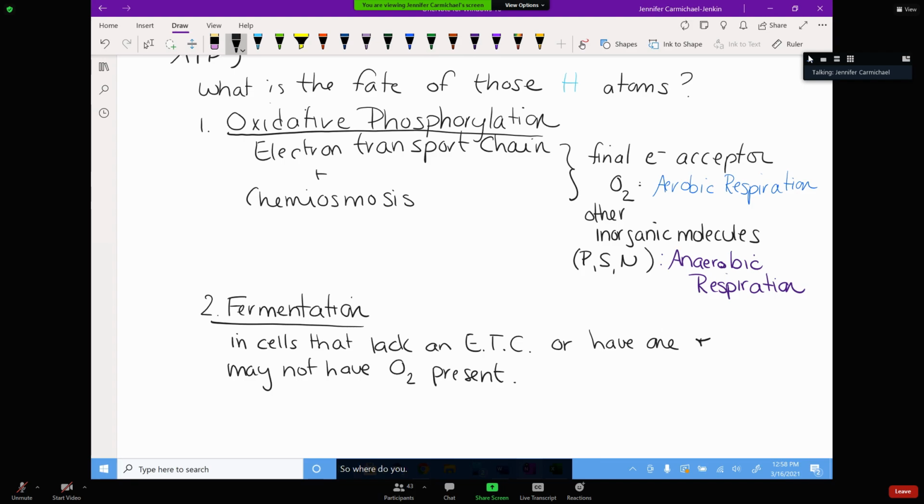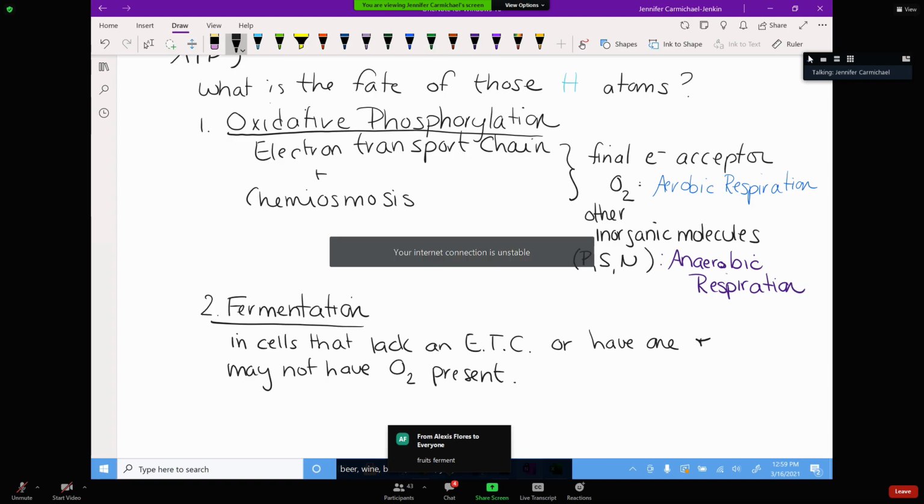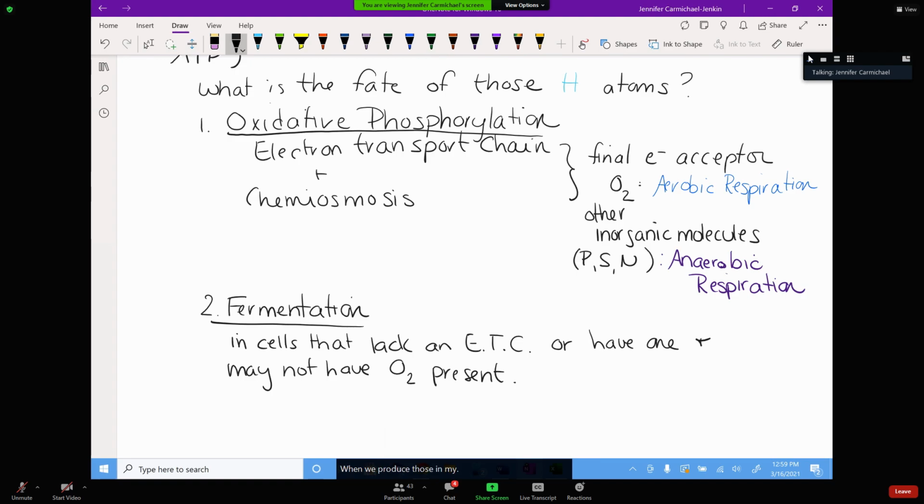So where do you maybe know about fermentation outside of this metabolic world? Maybe you enjoy the benefits of fermentation: wine, bread, cheese, yogurt. When we produce those, in my opinion, very delicious foods, we rely on the fermentation of microbes, bacteria, and yeast.